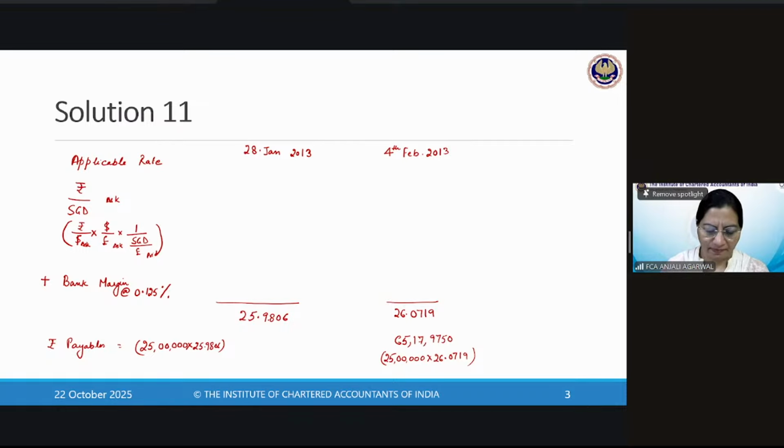And here, 25 lakh multiplied by 25.9806 comes out to be 6 crore 49 lakh 51,500.